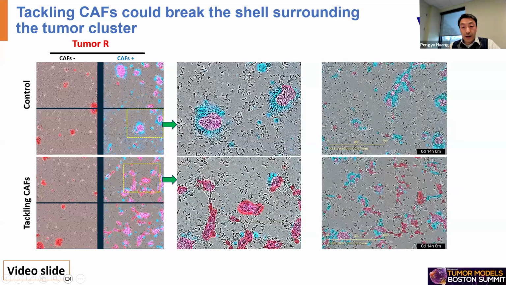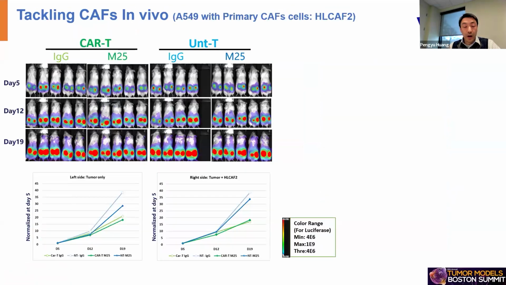Okay, so now we have the drug, and we want to confirm it in vivo. This time we switched, because the model I showed you before was Hep3B, a liver tumor, with IMR-90, a lung CAF. You can see these are CAFs because they have the CAF marker, but they are not paired.